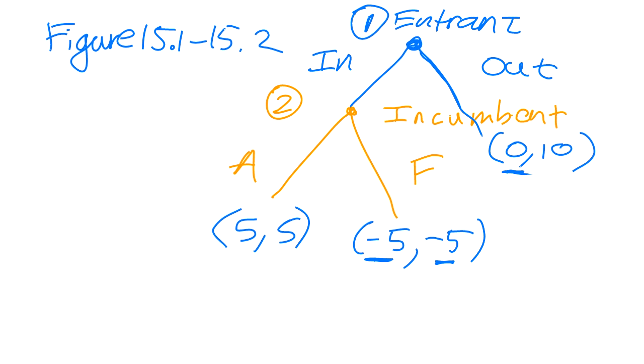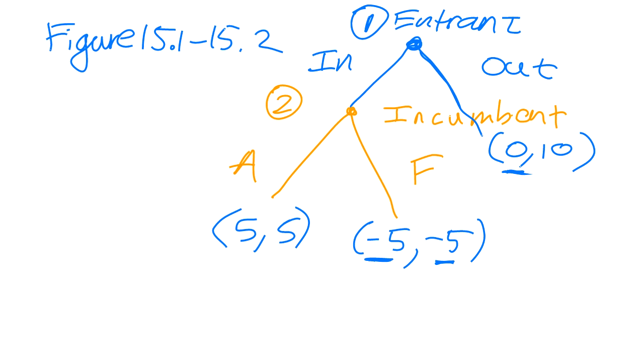So that's the setup for the game, and then to actually solve the game, which means we want to find an equilibrium. When you have a sequential game, meaning this tree setup, you actually want to work backwards. So we're going to start with player 2, the incumbent, and look at their payoffs.